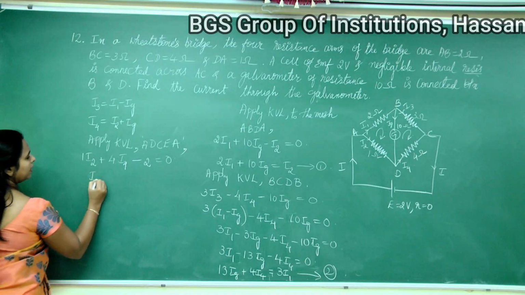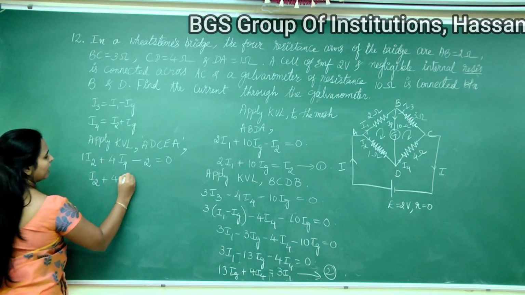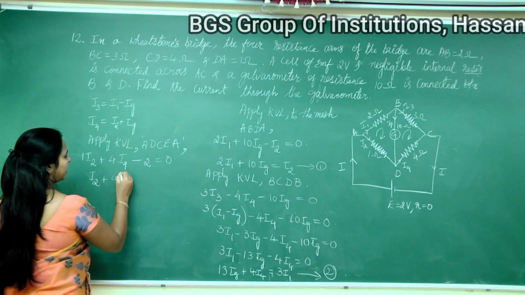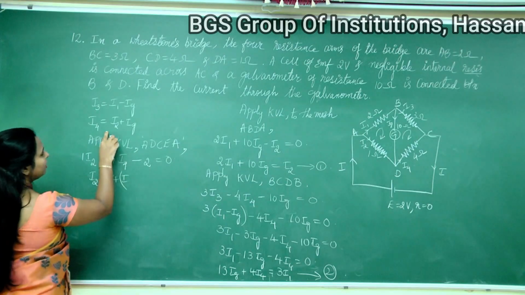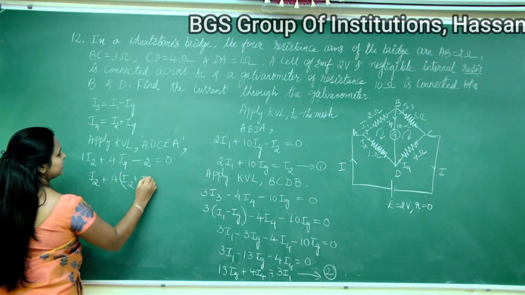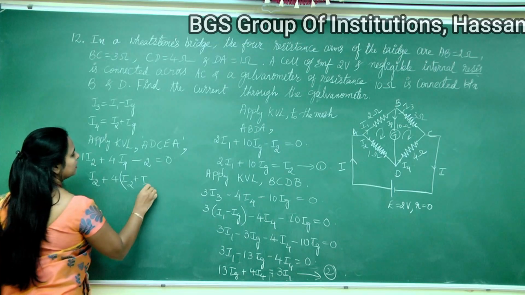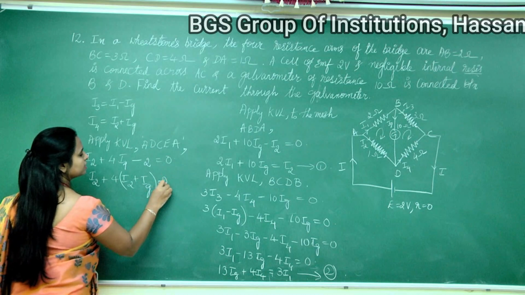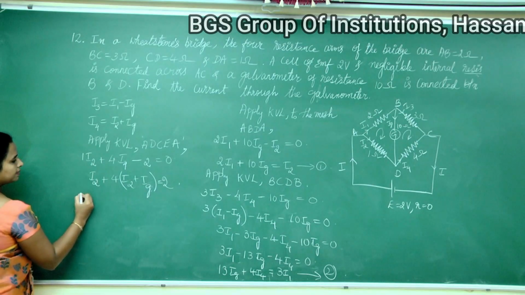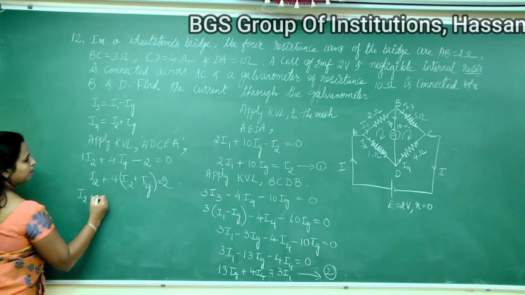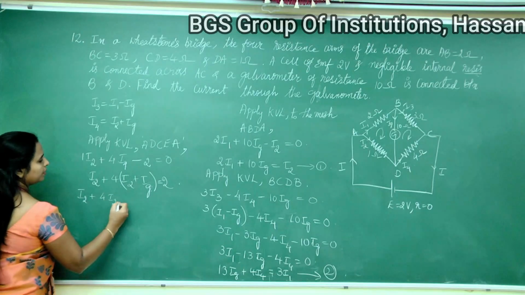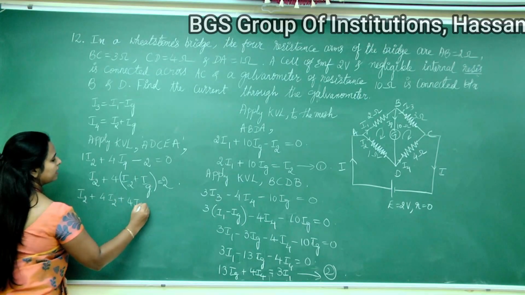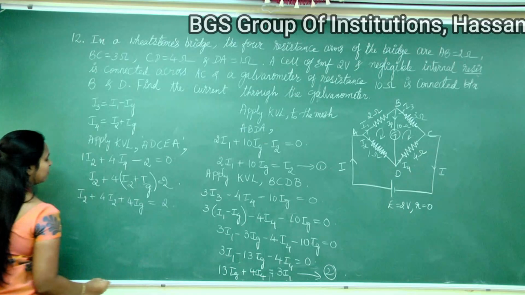So this will be I2 plus 4I4, ಅಥವಾ I4 ಏನಿದೆ ಅಲ್ಲಿಗೆ ನಾವೇನು ಕೊಡೋಣ, I2 plus Ig ಹಾಕೋಣ, minus 2 ಇದ್ದಿದ್ದು ಆ ಕಡೆ ಹೋದ್ರೆ plus 2 ಆಗುತ್ತೆ. Then I2 plus 4I2 plus 4Ig is equal to 2.